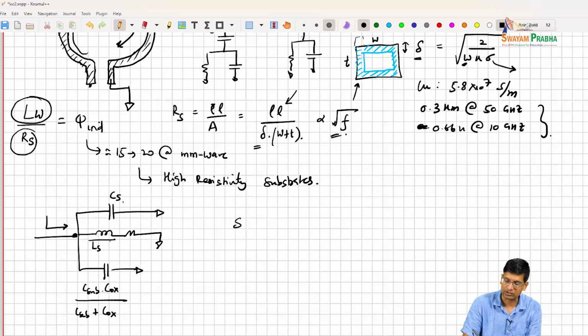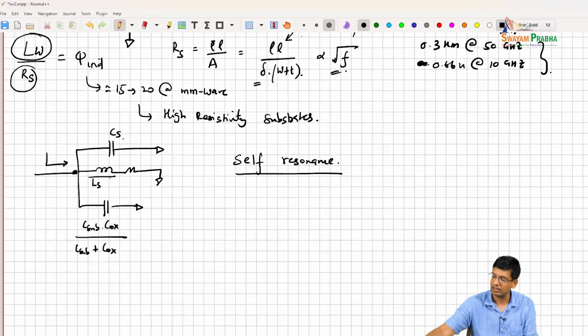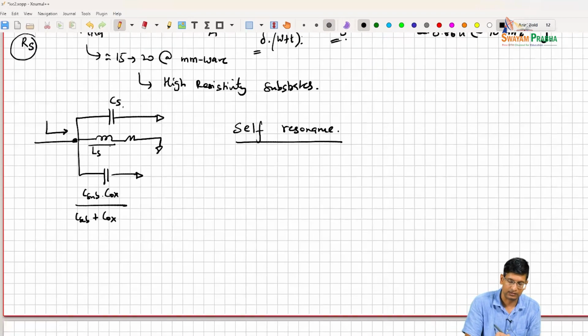So we have this concept of self-resonance, which basically implies that you think you have an inductance.